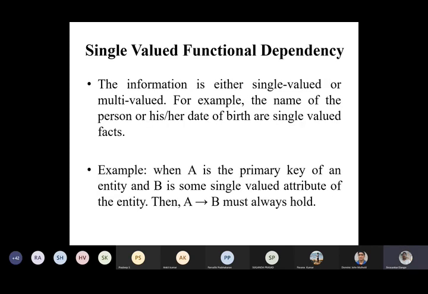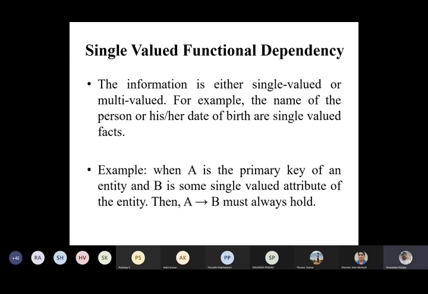So, single valued functional dependency. The information in a relation is either single valued or multi-valued. For example, the name of the person is an example of a single valued fact, and his date of birth is also an example of a single valued fact.